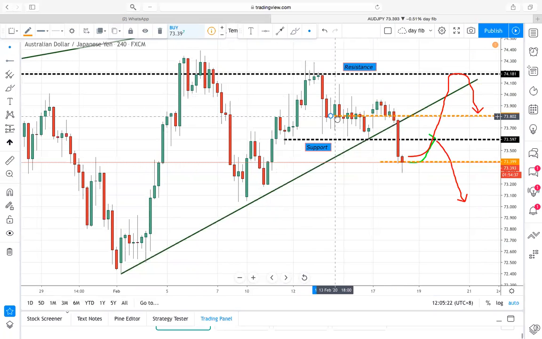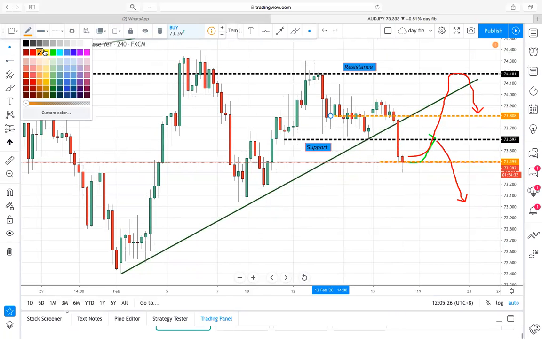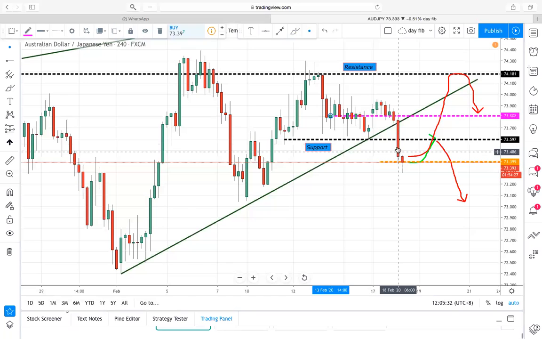If you put your stop loss here at 73.8 and the price moves back up, you'll be taken out already. So like I said, be patient, do not chase the price.